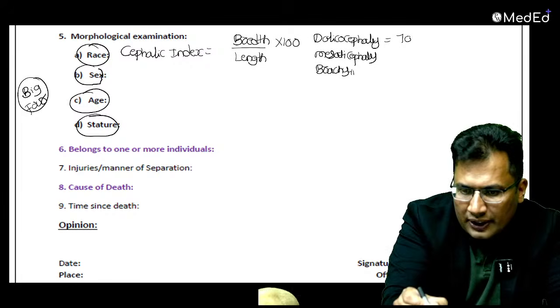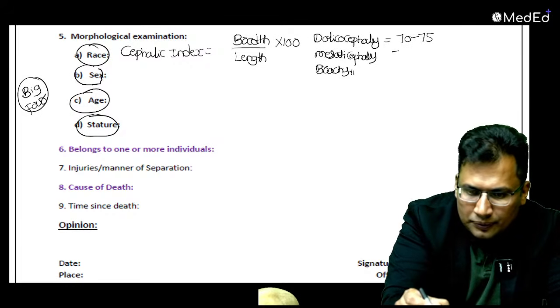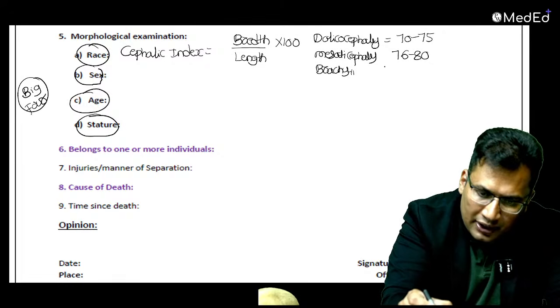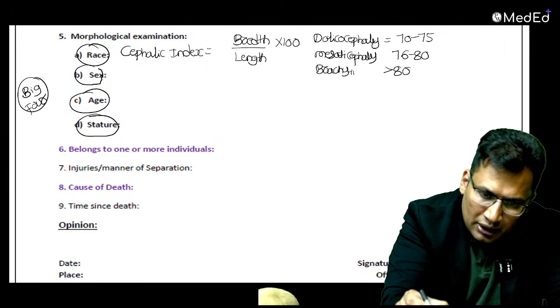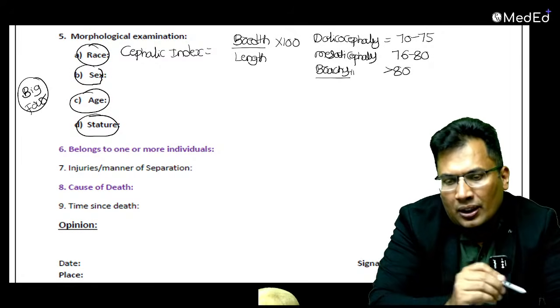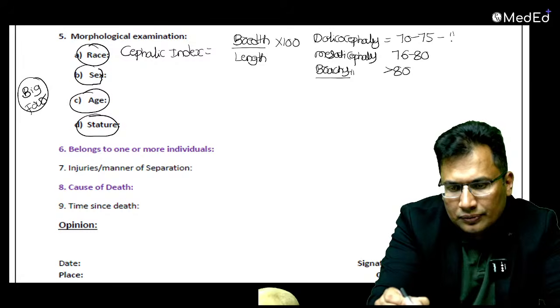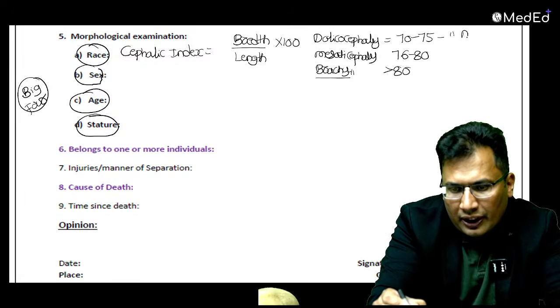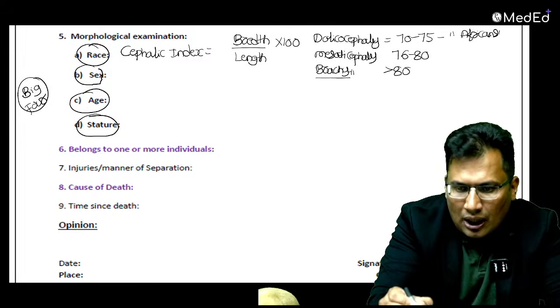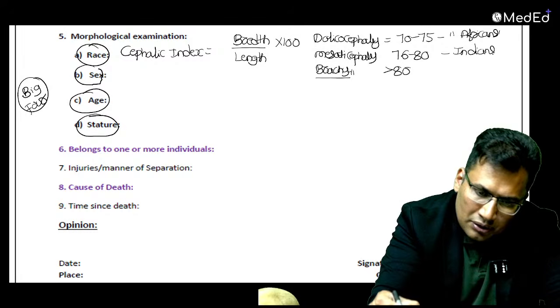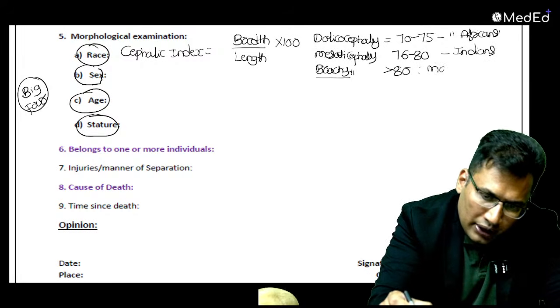Dolicho means 70 to 75. 76 to 80, that is mesaticephaly. More than 80, brachycephaly. Dolichocephaly usually Africans, Aryans, mesaticephaly Indians, brachycephaly Mongolians.